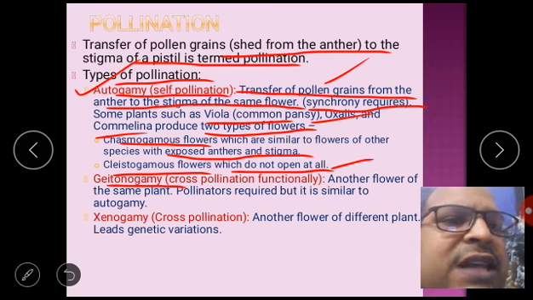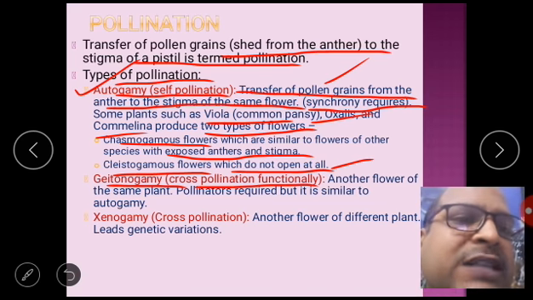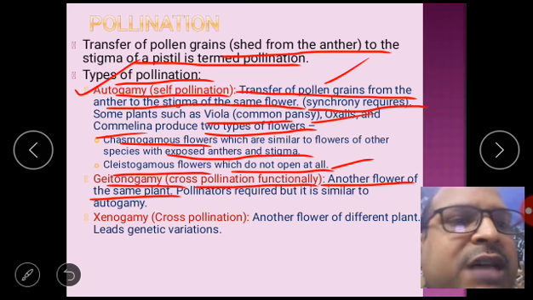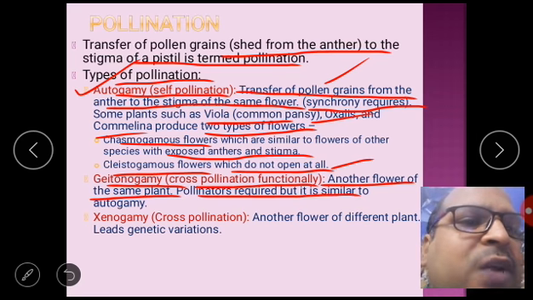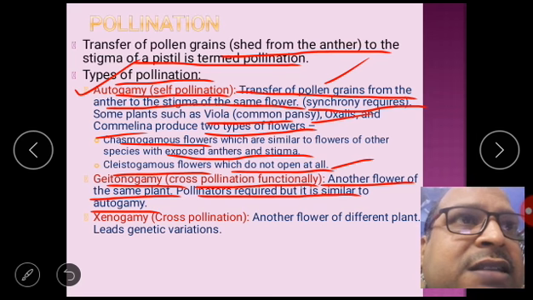It is functionally cross pollination, but actually it is not, because the plant is the same. Here the flower is changed, another flower of the same plant. Pollinators will be required, but it is similar to autogamy because the plant is the same.